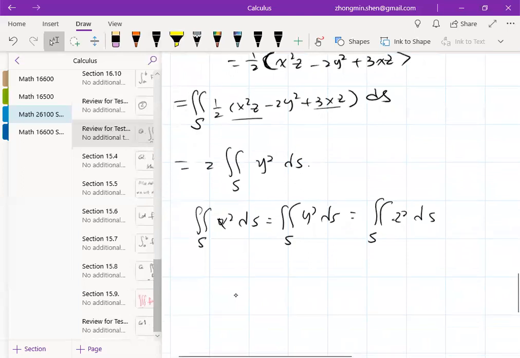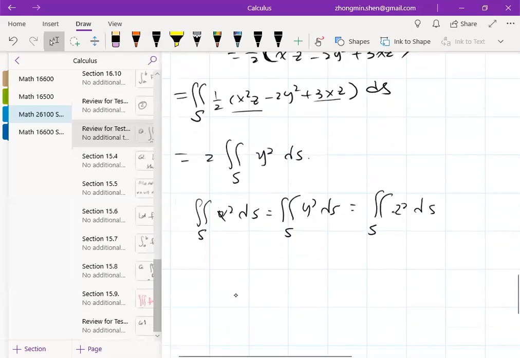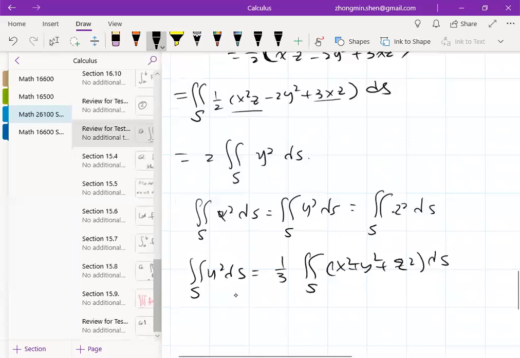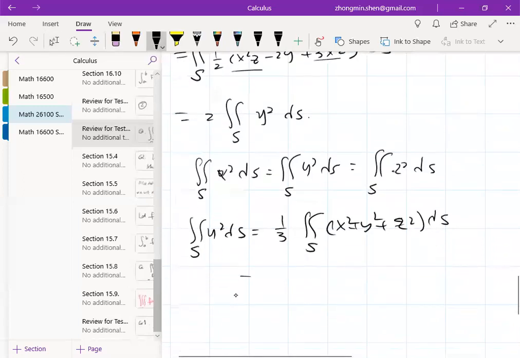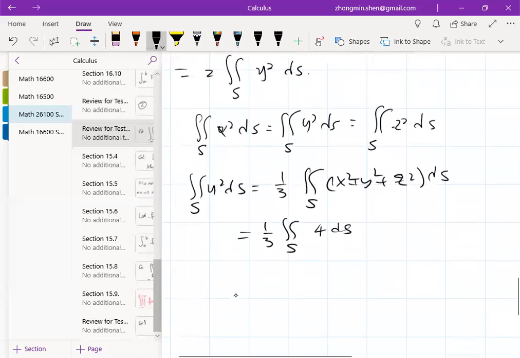I believe that since they're all equal, this becomes 1/3 of the integral of x squared plus y squared plus z squared ds. And on the sphere, this is going to be 4 ds.